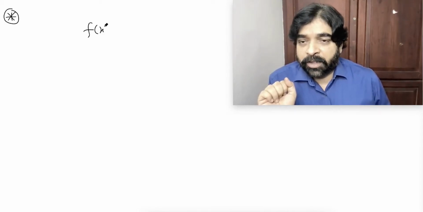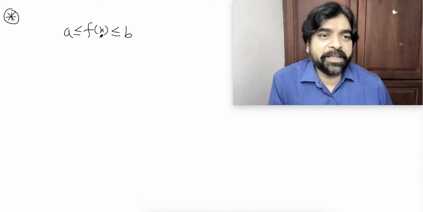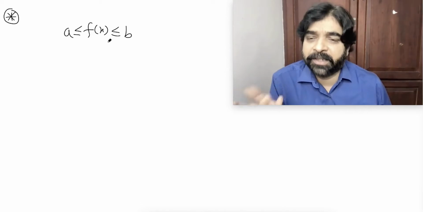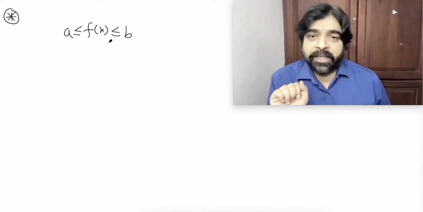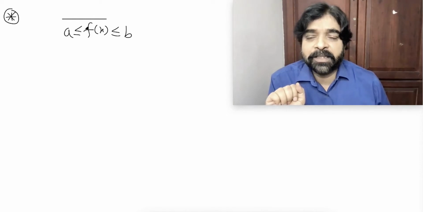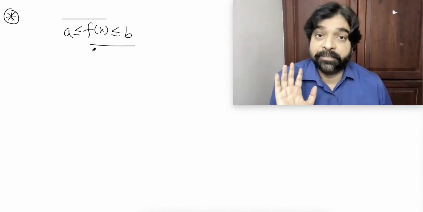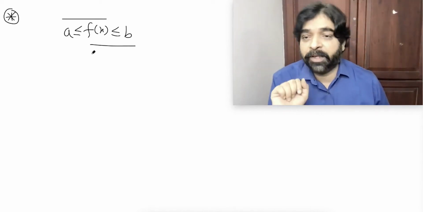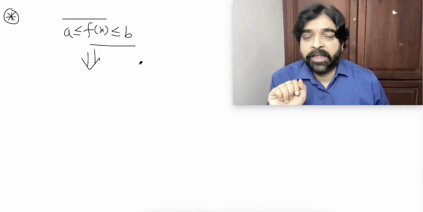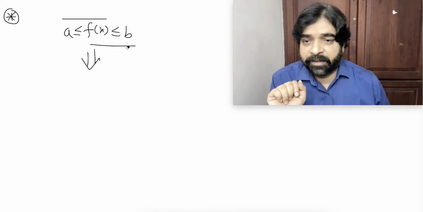Whenever you have to solve this expression, where f(x) can be anything, maybe some x or something with mod or inequality, solve this portion, take this part separately, then take the other part separately, solve these two, and take the intersection. What I mean to say is, if you have to solve this, the way you have to proceed is this.